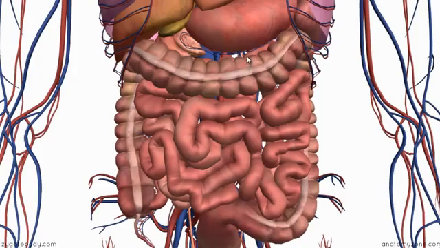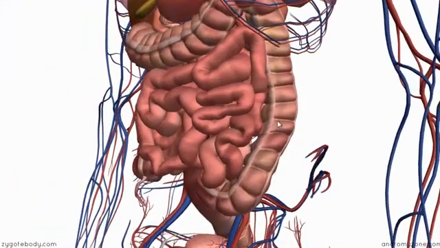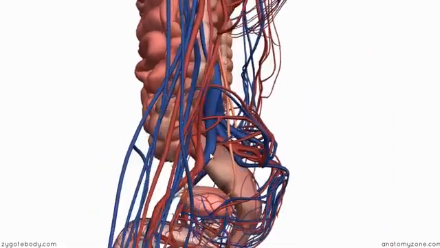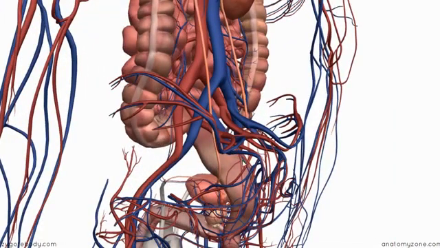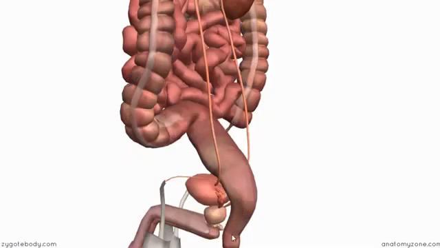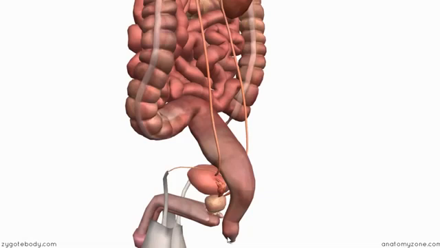We're going to start off from two-thirds of the way along the transverse colon. So the hindgut includes the distal third of the transverse colon, the descending colon, as you can see here. Then you've got the sigmoid colon, the rectum, and midway down the anal canal. So that's the hindgut supplied by the inferior mesenteric artery.